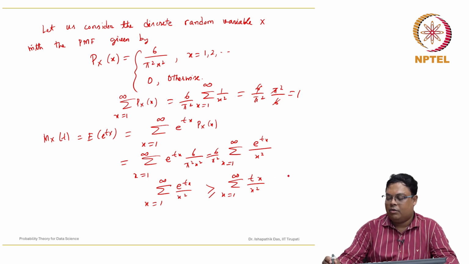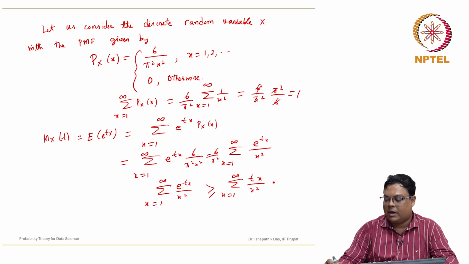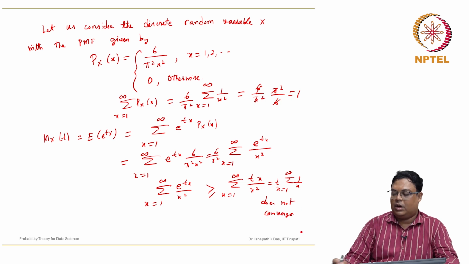And this sum, if t is positive, non-zero, is the sum over x equal to 1 to infinity of 1 by x, which is a divergent series. So this is not convergent; it goes to infinity and does not converge to a finite value.